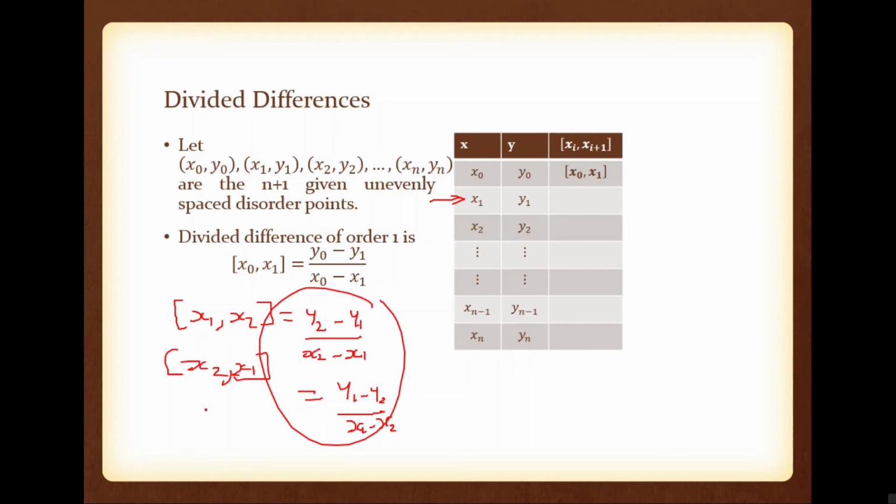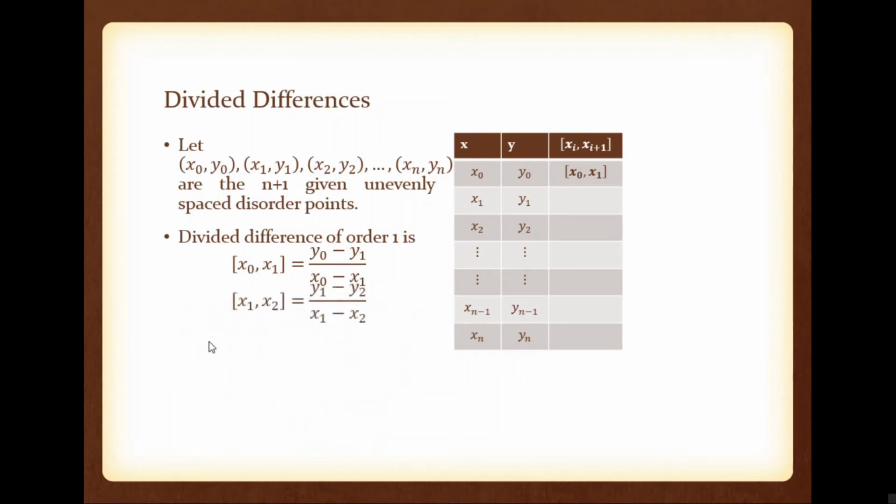Please note, the first divided difference x1, comma x2 is equal to y1 minus y2 divided by x1 minus x2. We already saw that it is also equal to y2 minus y1 divided by x2 minus x1, but I will explain this in the next class.